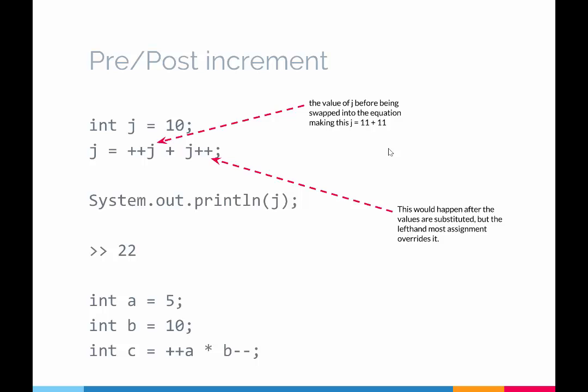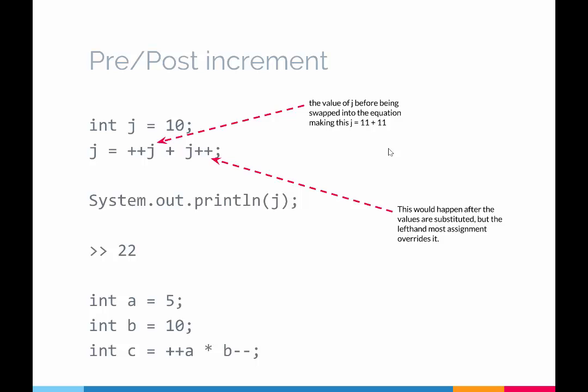Here's what I was referencing earlier. A lot of y'all got 22 correct, but not many of y'all got the reason why correct. So this is what's going on. j gets to increment first. That means this becomes 11 and that becomes 11. Increment j first, then use it. So j gets swapped out with 11.